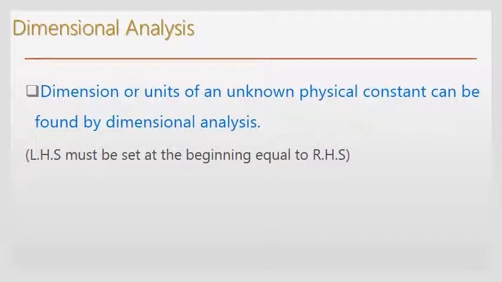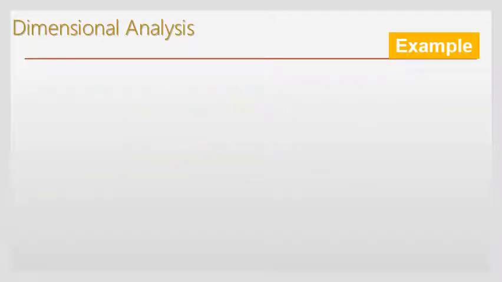Another application of dimensional analysis is to find the dimension of an unknown physical constant. In such a case, the left-hand side must be set at the very beginning equal to the right-hand side.